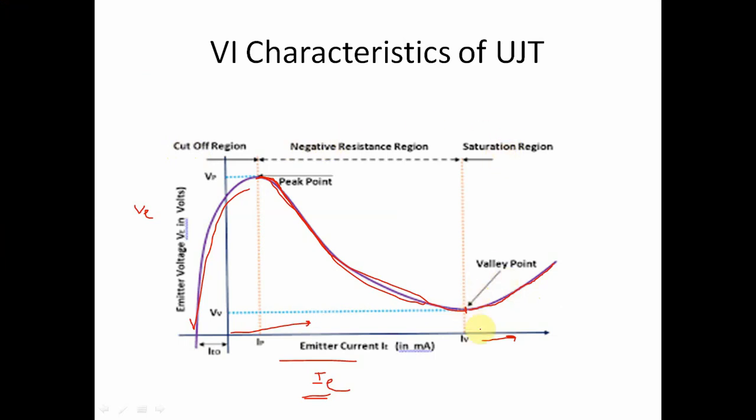In the saturation region, as IE increases, V also increases. In the negative resistance region, as IE increases, V decreases. V is nothing but the emitter voltage.